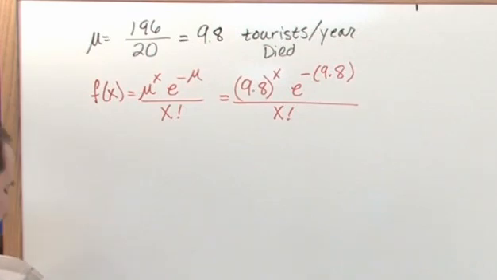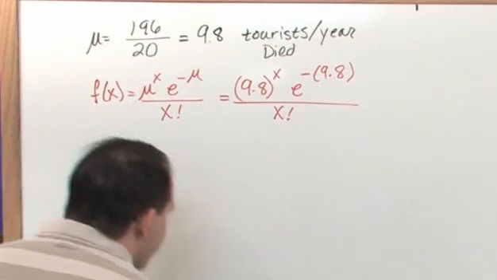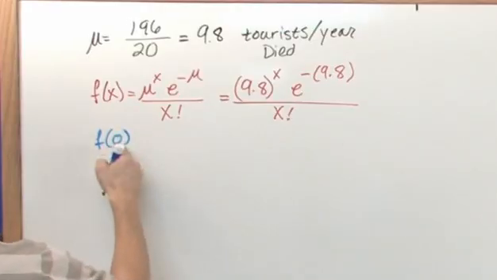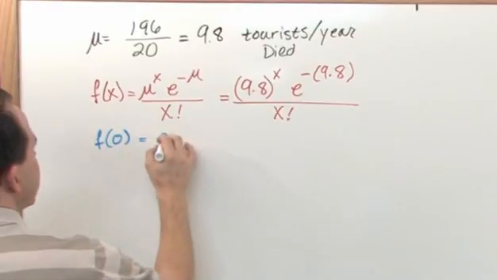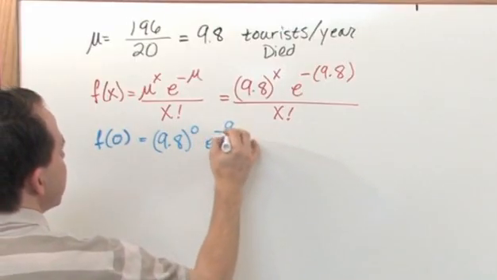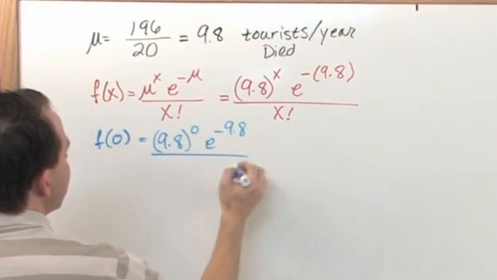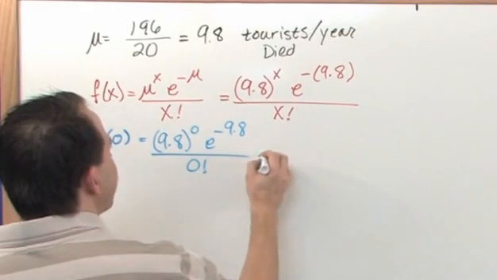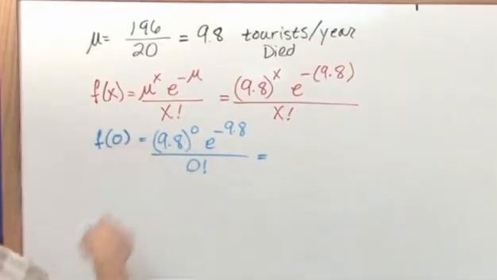To answer the first part, what is the probability that 0 people are going to die the next year? We just plug in x is equal to 0. So we get 9.8 to the power of 0, e to the minus 9.8 divided by 0 factorial, okay? Well, anything raised to the power of 0 is actually 1, you should remember from your algebra.